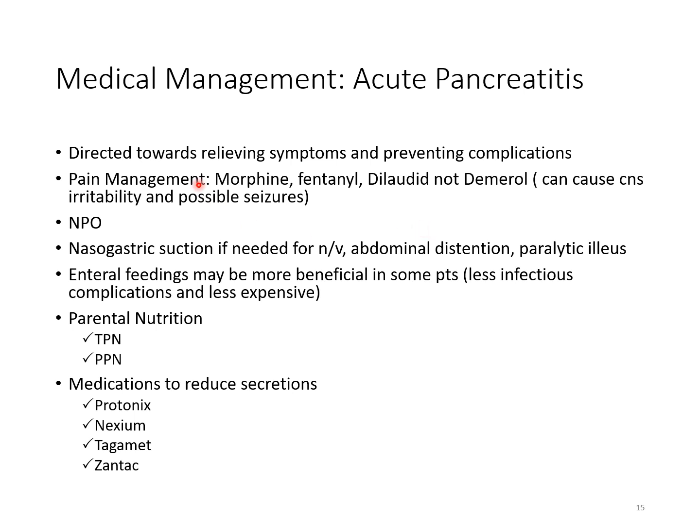And here we're loving morphine and fentanyl, and this is always going to fluctuate and change. So depending on the stage, once again, there can be NPO, NGT needed for nausea, vomiting, abdominal distension. We may see things like paralytic ileus once again because maybe blood is not perfusing like it should be to the whole area.